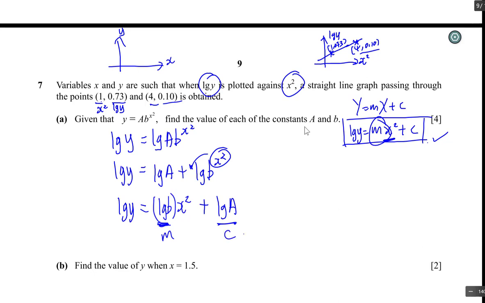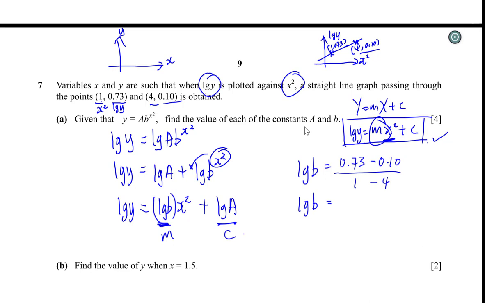Alright, so then I can get my b easily because log b is the gradient, right? I can do the gradient here. 0.73 minus 0.10, use the gradient formula, right? Over 1 minus 4. Then I can find the b from here. 0.73 minus 0.1 divided by negative 3.